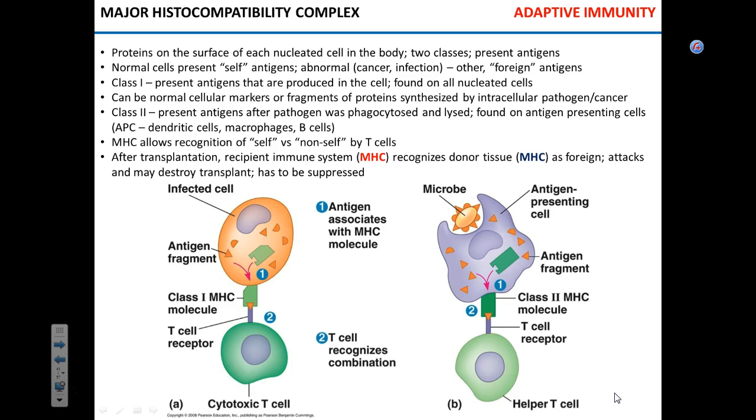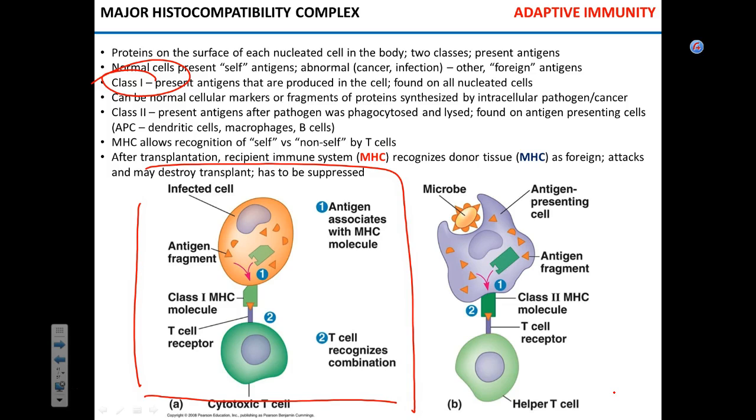Because we're going to start with very broad definitions and we're going to get into more details, explaining how it works. There are two classes of MHC. Let me call it MHC if you don't mind. Class 1, which is illustrated in the picture A. Class 1 presents the antigens that are produced in the cells.